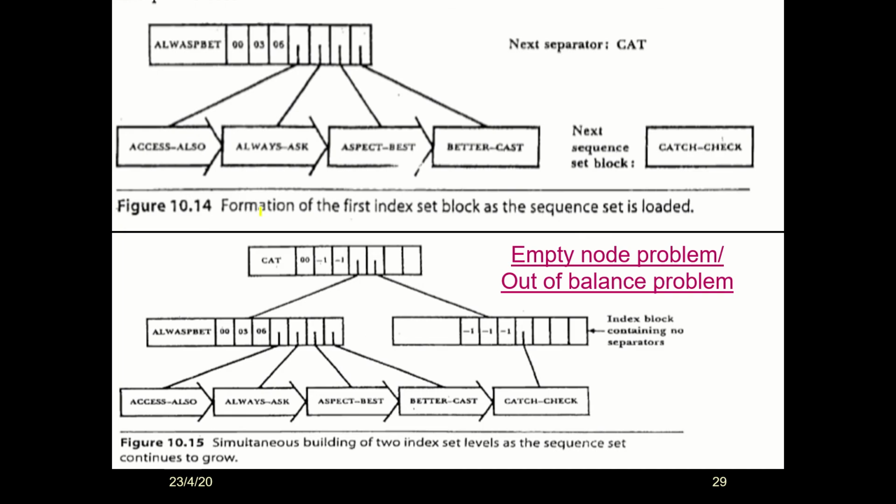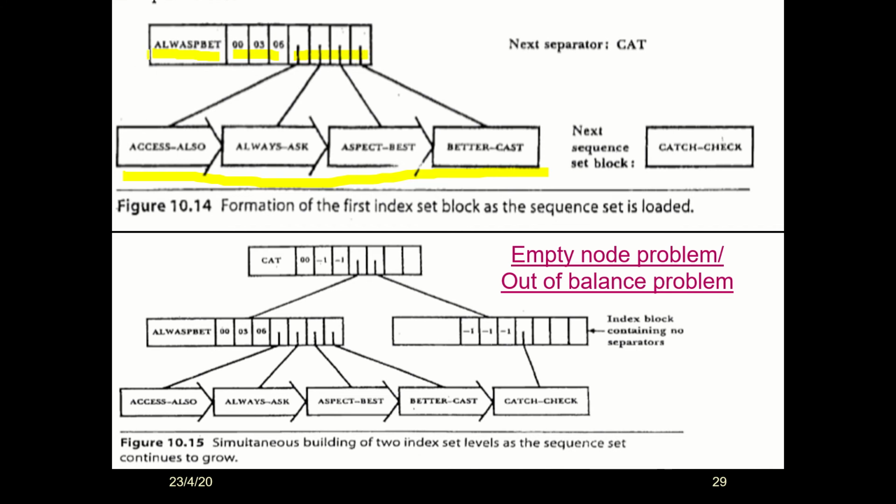So we'll see an example. Consider that these are the blocks of records which we have, and these are the separators which are loaded into my index. We have already seen the structure of the index set block: there is the list of separators and the block RBNs, the block numbers.